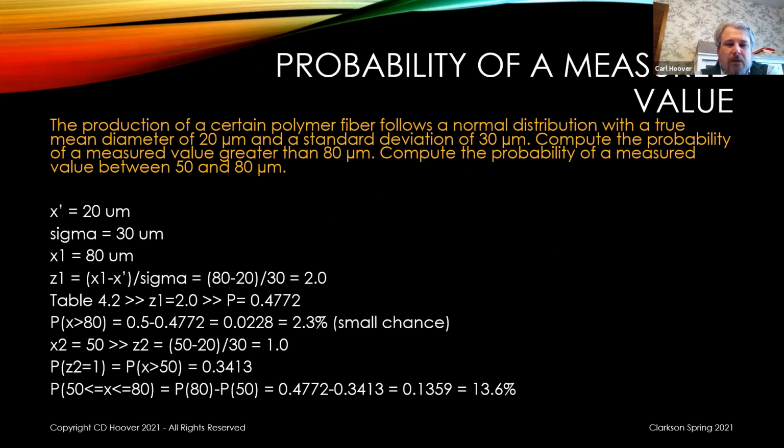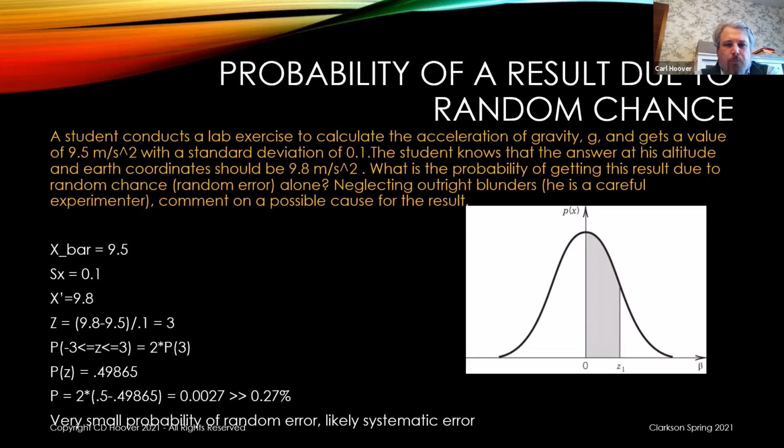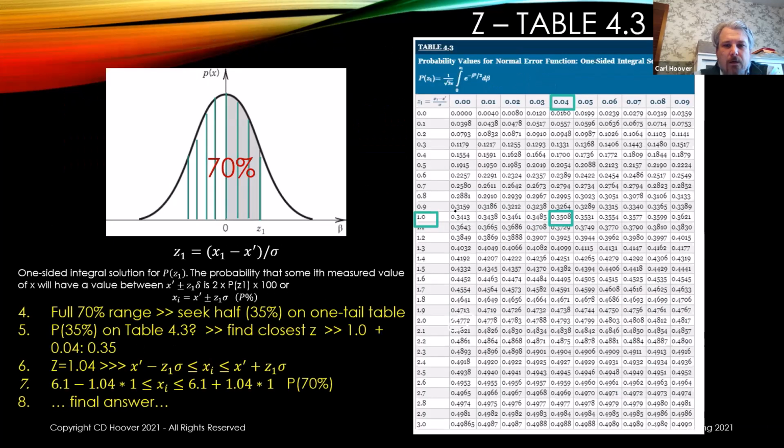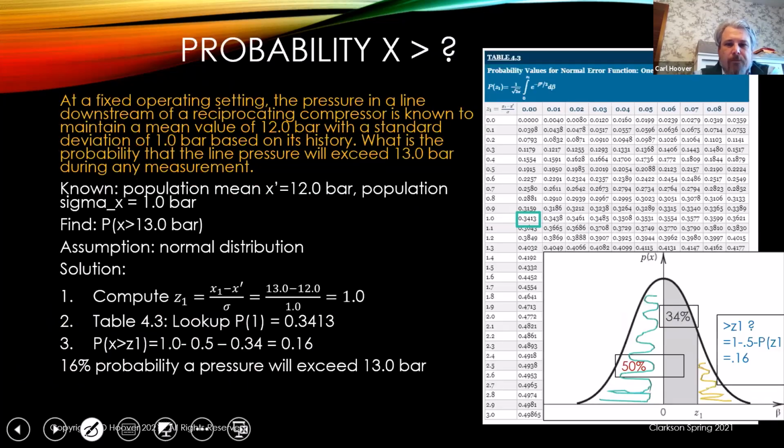What's then the probability of being between 50 and 80? Our second Z that we're looking at is for 50. So 50 minus 20 over 30 is 1.0. And we can go back and look up the Z for 1.0. And that's 0.3413.